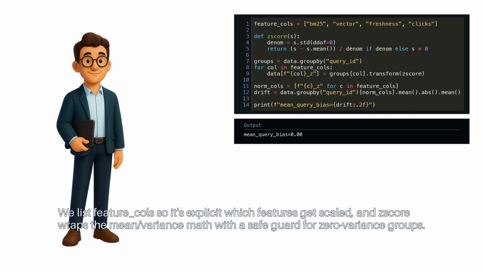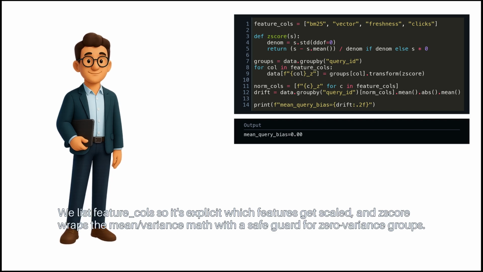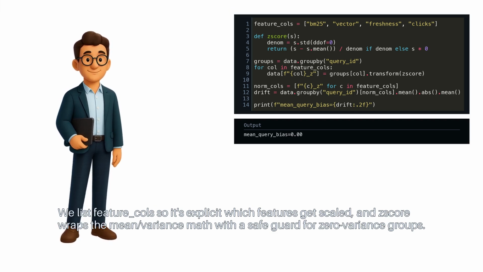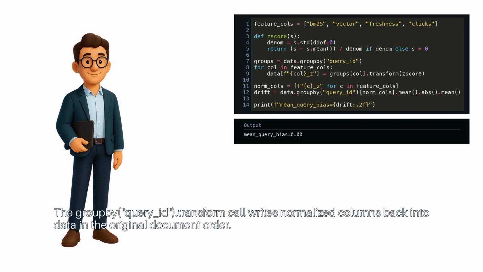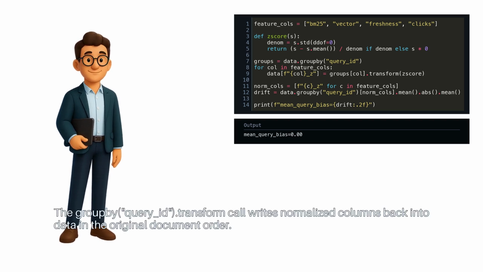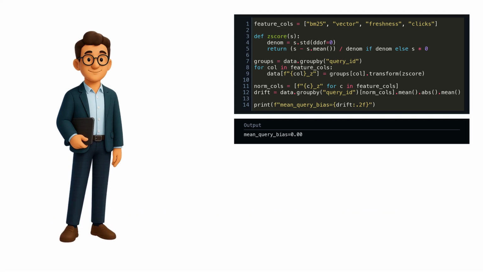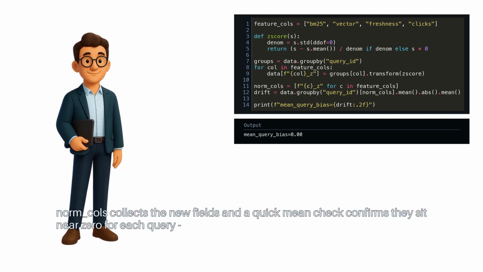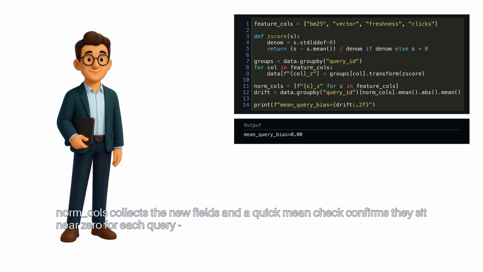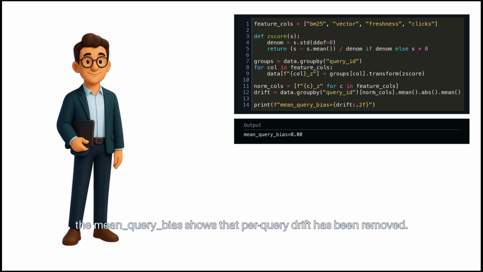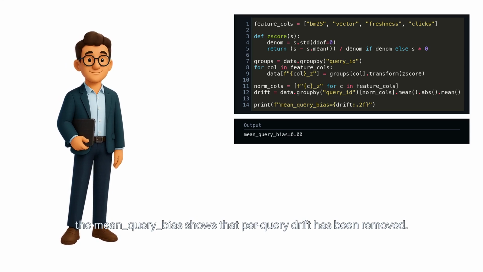And z-score wraps the mean-variance math with a safeguard for zero-variance groups. The group by query ID transform call writes normalized columns back into data in the original document order. Norm calls collects the new fields, and a quick mean check confirms they sit near zero for each query. The mean query bias shows that per-query drift has been removed.